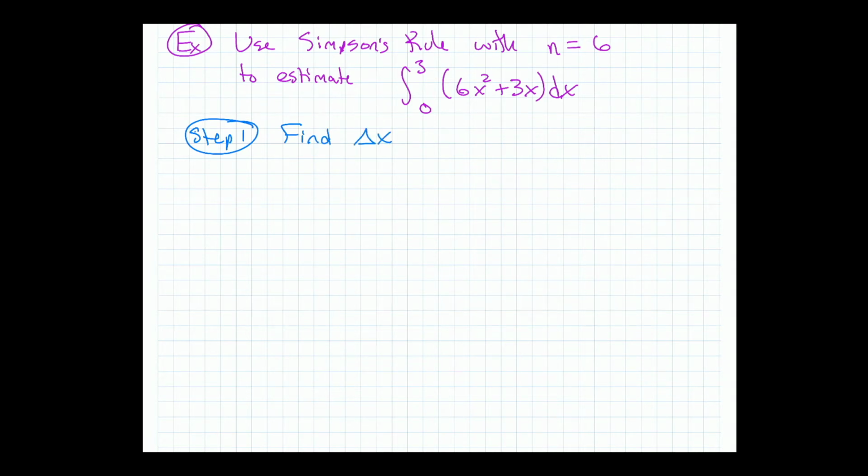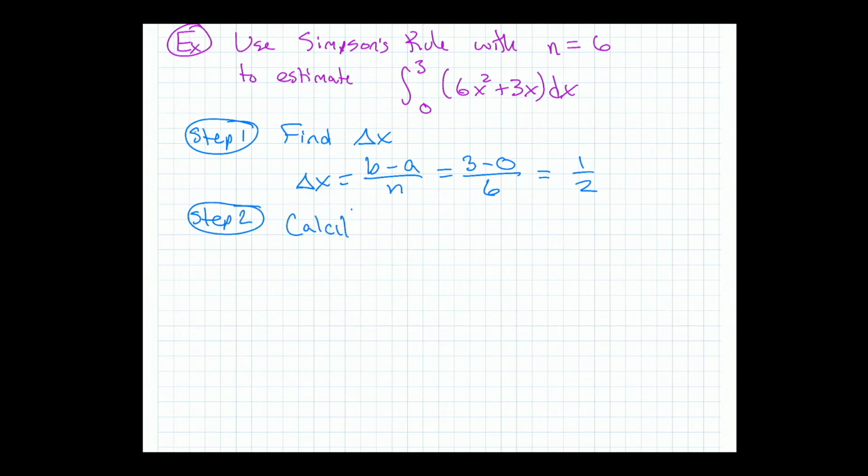Find delta x. Delta x is b minus a over n. So 3 minus 0 over 6, so it is 1/2. Step 2. Calculate your x's.